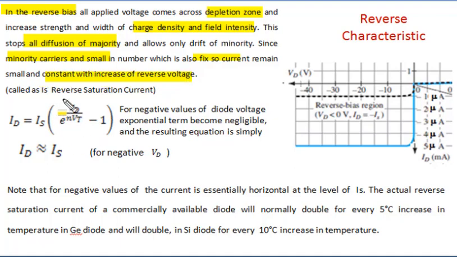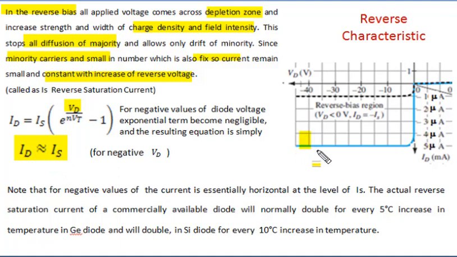Now when we take negative values of VD, we know that this exponential term will become very small compared to 1. So we can say that the ID current will almost become equal to the reverse saturation current.